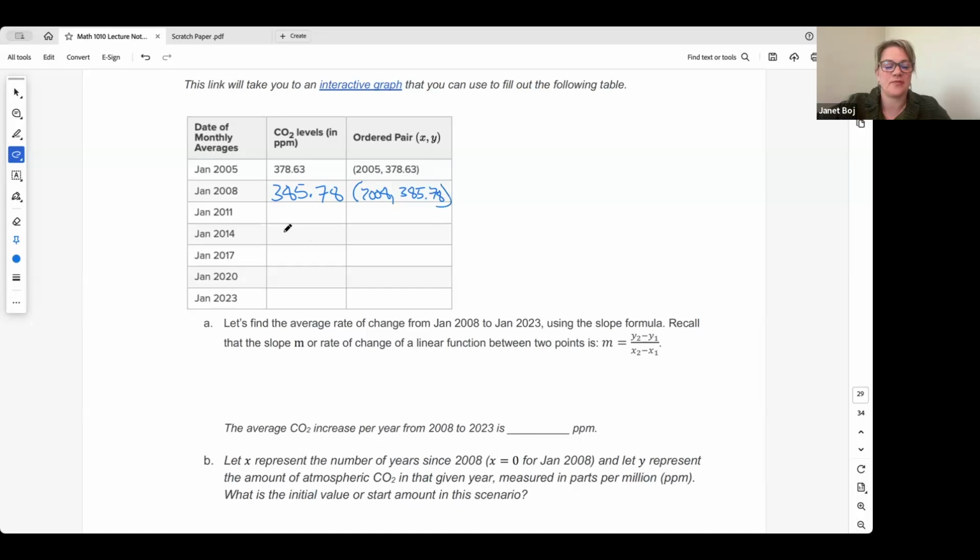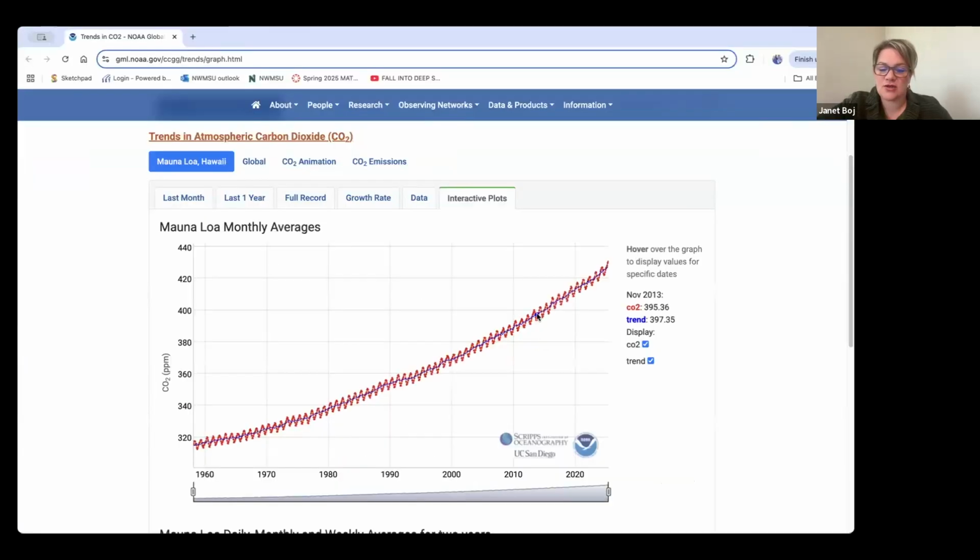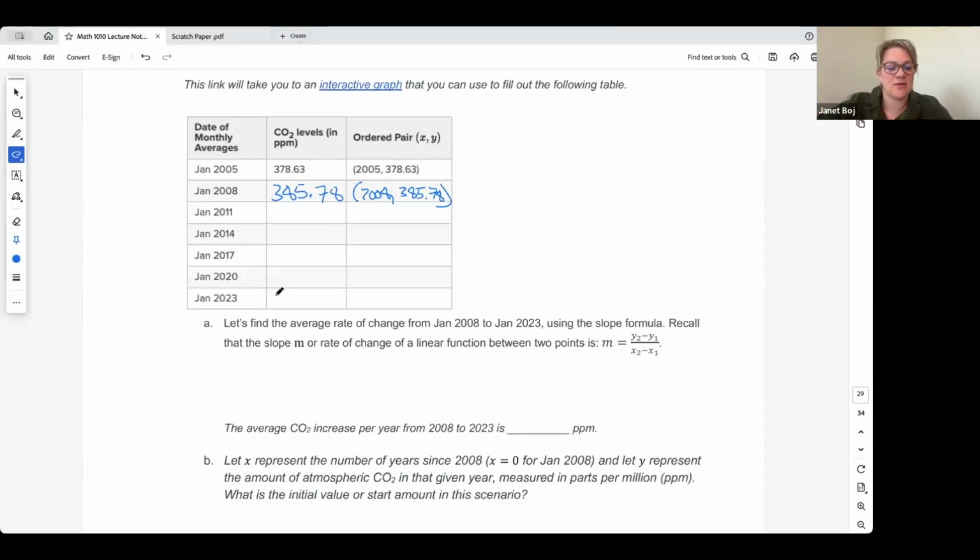That's our ordered pair, the X and the Y. Now let's look at 2023. January of 2023, 419.47. Now we have the data that we need. That would make our ordered pair in 2023, 419.47.